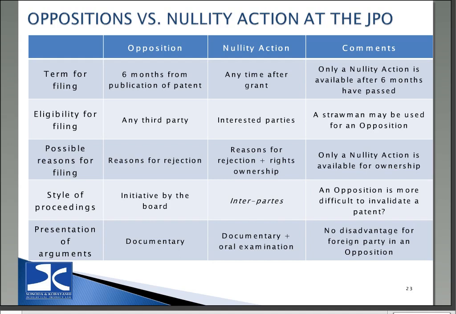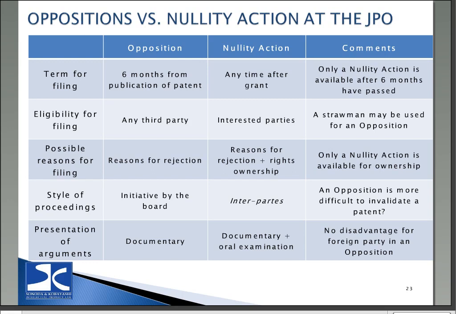And especially this 6 months is short, I believe, for non-Japanese people, because you must translate the granted patent, and you must translate your argument into the Japanese language. And considering this time, 6 months is usually not enough.